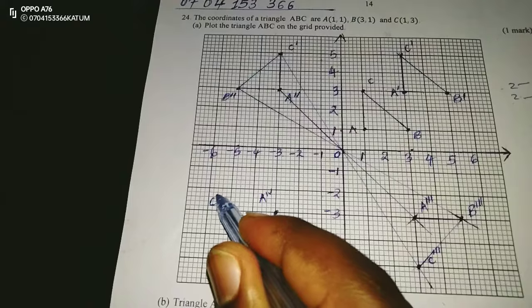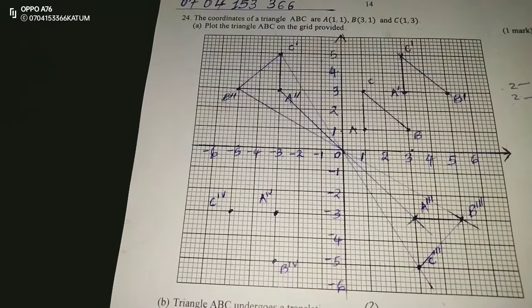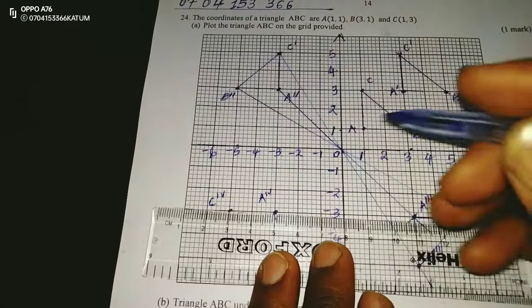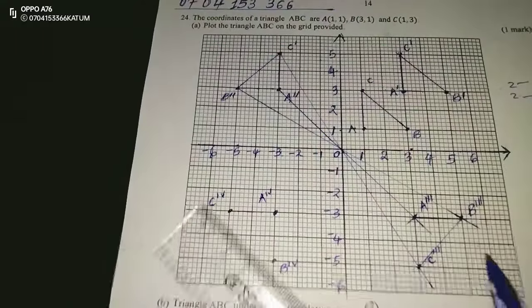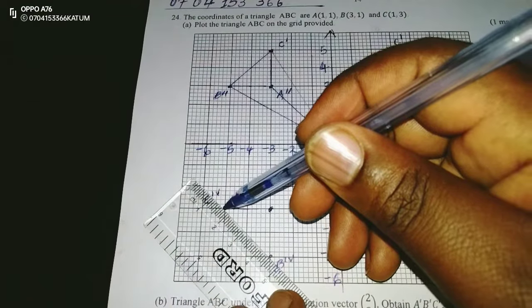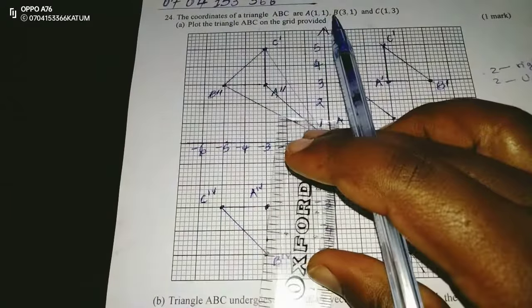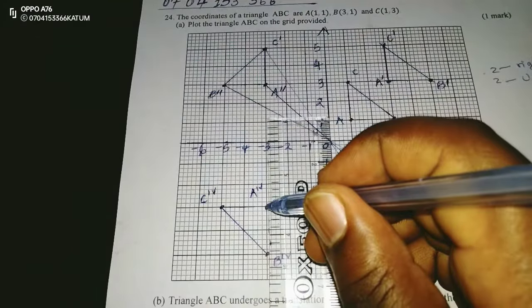This is where C, the fourth image, is. So this is now the triangle.